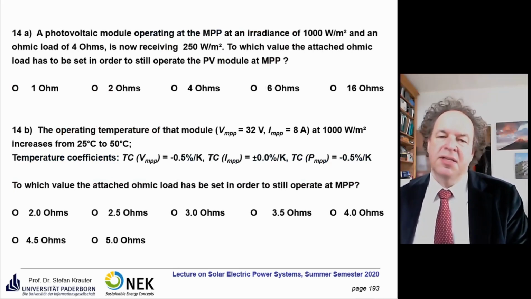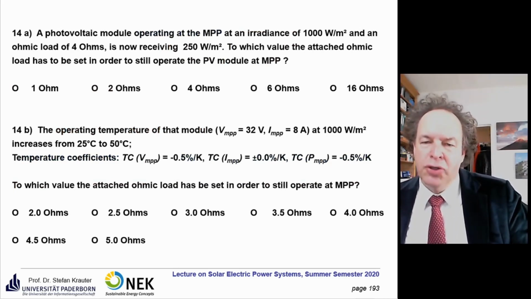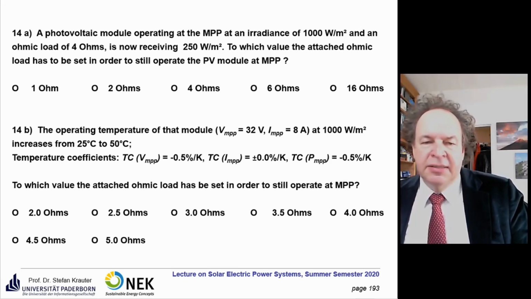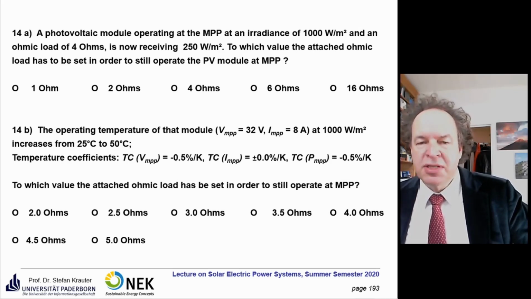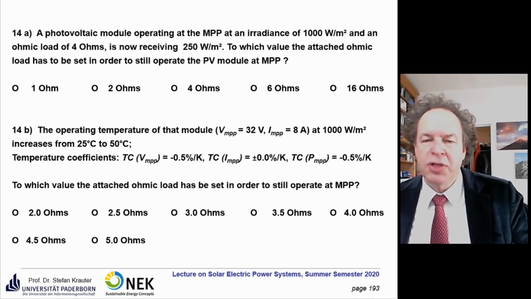Next question: we have a solar module that operates in the maximum power point under 1000 watt per square meter, and it needs an ohmic load of 4 ohms to operate in the maximum power point. If we now reduce the irradiance level from 1000 to 250 watt per square meter, what does it mean?